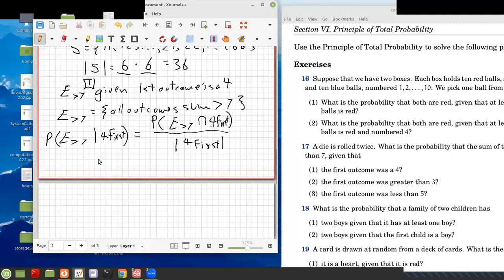So this is just applying the definition of conditional probability, and then we can analyze this a little bit to see what we need to solve this problem.